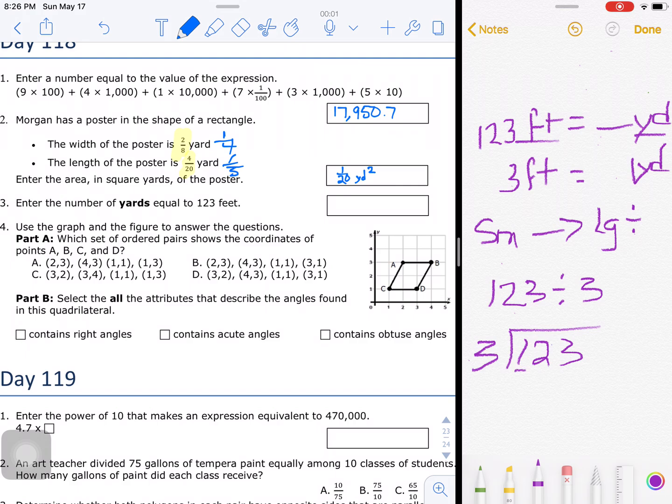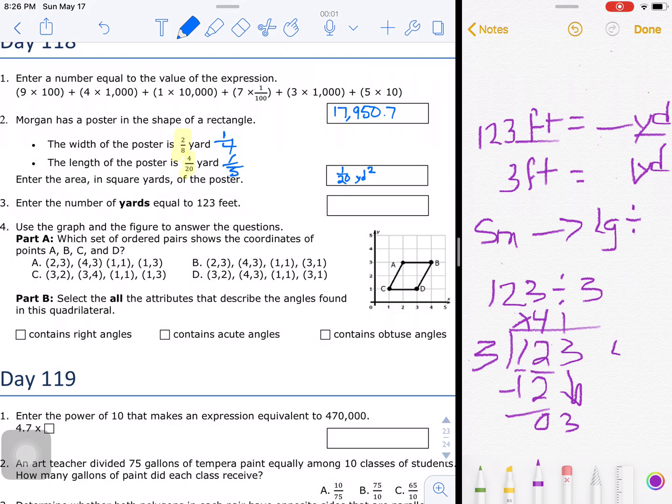If you need to set up the standard algorithm, we'll go ahead and do that. 3 does not go into the 100 without regrouping, but it does go into 12 tens 4 times. And 4 times 3 is 12. Bring down. And 3 goes into 3 ones 1 time. So we end up with 41.